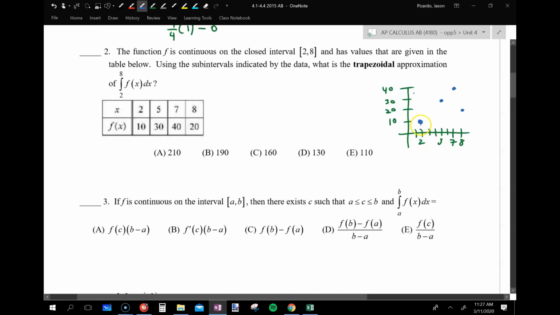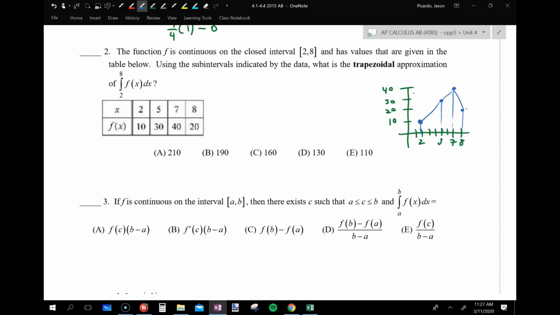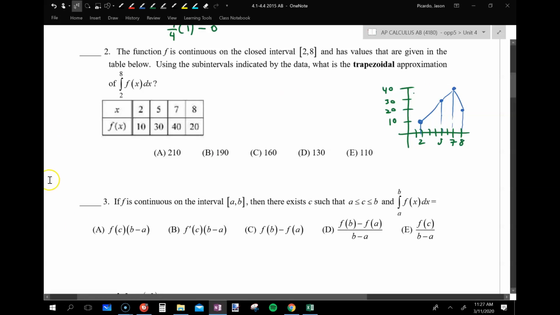Do you agree that I could make three trapezoids? And what is my formula for the area of a trapezoid? The average of the bases times the height. Yeah, so the averaging does the divided by 2 part, right?